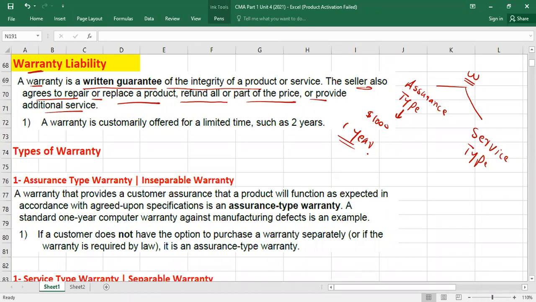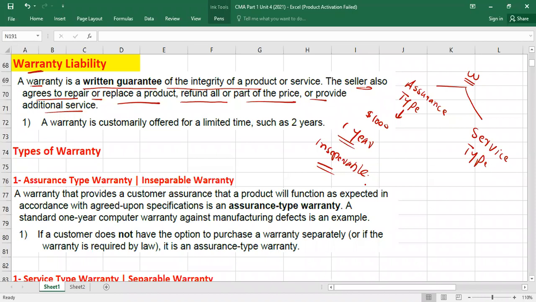Inseparable warranty means this warranty is included in the purchase price. You don't need to pay a separate amount for that. If within the warranty period your product has any issue, you can claim the warranty. The seller will either repair, refund or replace the product. Understood? This is called assurance type. So how will you define assurance type? Here the warranty is included in the purchase price. You don't need to pay any separate amount.